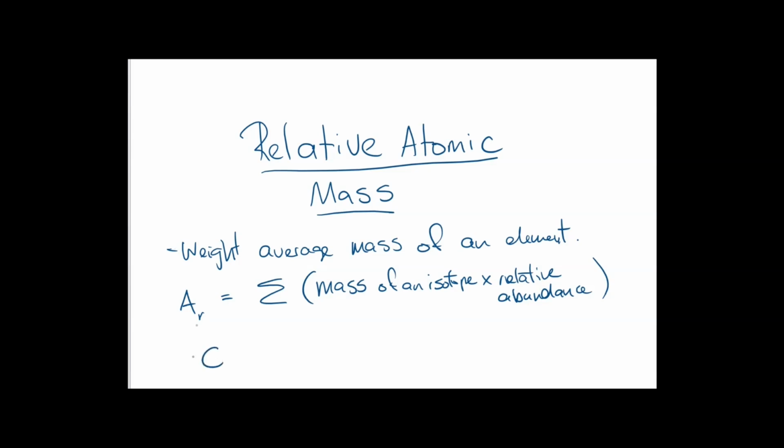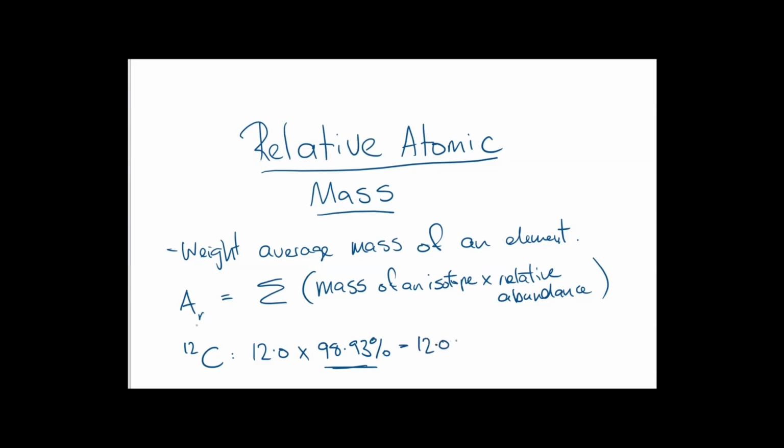Remember, we had carbon 12 and carbon 13. So carbon 12, the mass of that was exactly 12. What was the abundance? It was 98.93%. We need to turn that into a decimal fraction, so we're just going to move the decimal place 2 places to the left.